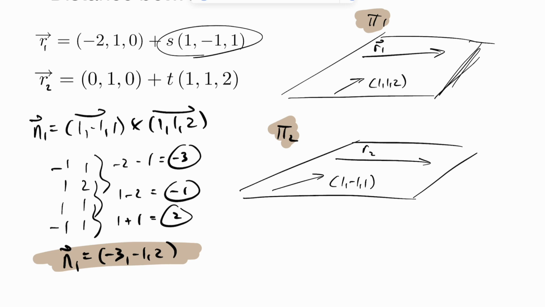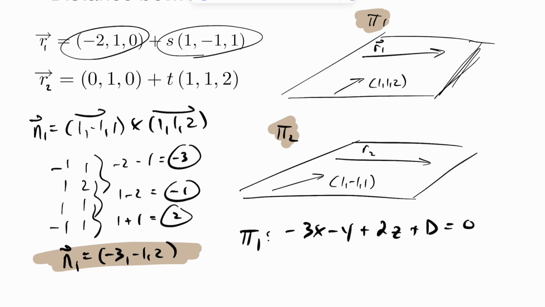Solving for my d value, I just need to sub in a point on the equation. For plane 1, I've got -3x minus y plus 2z plus my d value equals 0. Grab a point on my plane, so let's do -2, 1, and 0, and I can solve for my d value here. D ends up coming out to be 7.